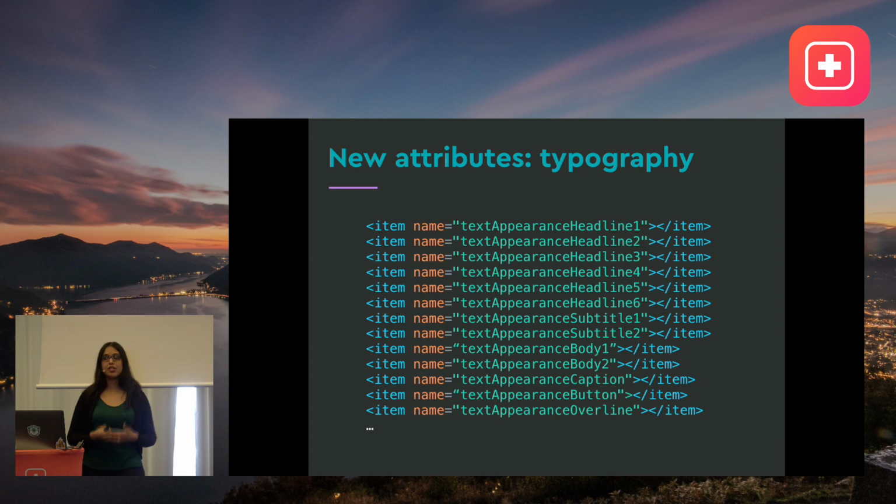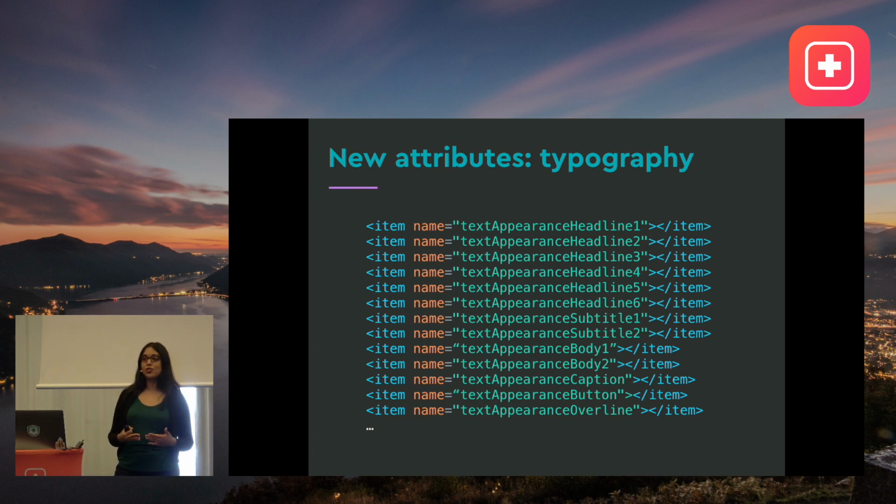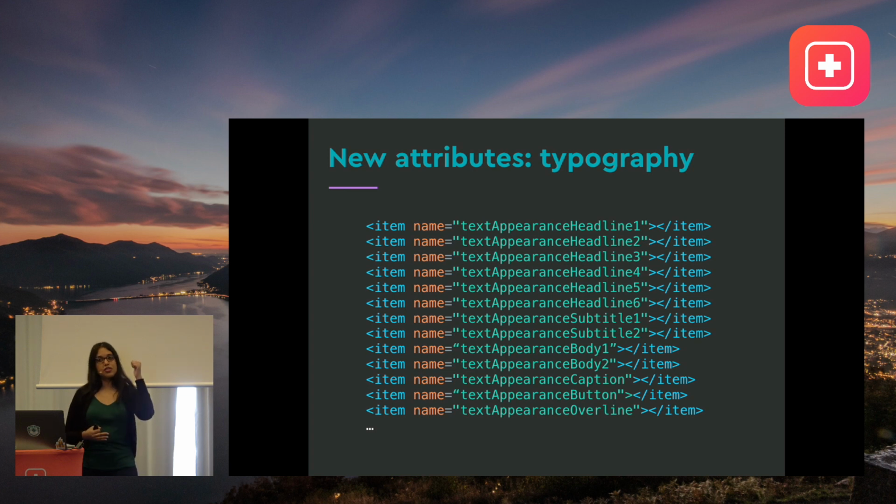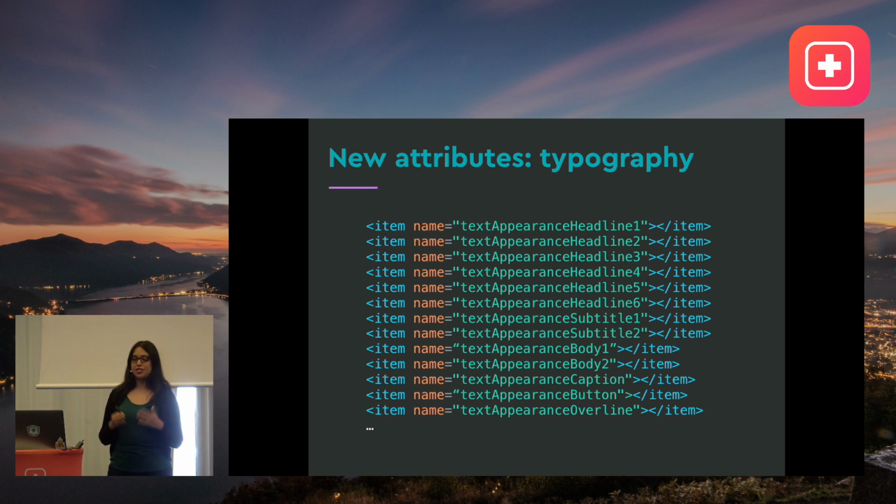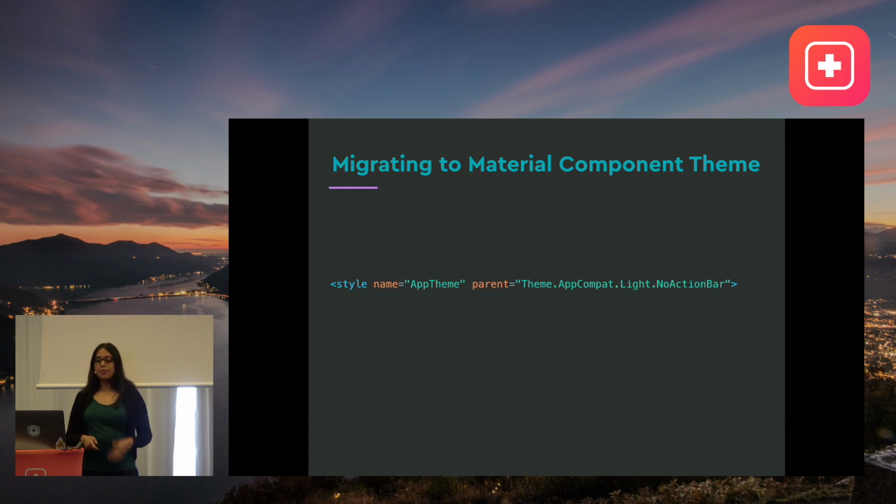So with typography theming, we also have a lot more control over text in our app. And hopefully, with color, shape, and typography theming, you are convinced that material theming is awesome and you want to migrate. So let's do that.